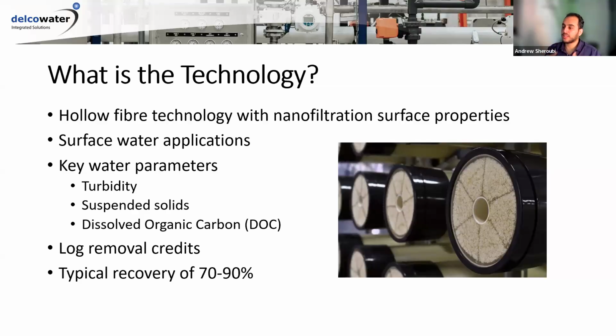So it still removes everything that the UF does: turbidity, suspended solids, viruses, and bacteria. But because of that charged surface, it also allows molecules to attract to it via adsorption. And the big one here is that you get removal of dissolved organic carbon.